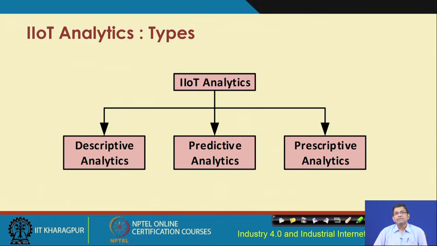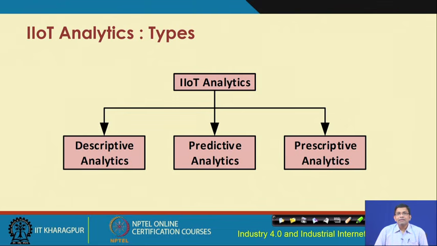Prescriptive analytics basically is related to the predictive analytics. So, here we are going a little bit further. In prescriptive analytics, we predict what is going to happen, but then based on that prediction of what is going to happen in the future, you prescribe the different actions that need to be taken, in order to maybe control a particular scenario, a disaster from happening or something of that sort.